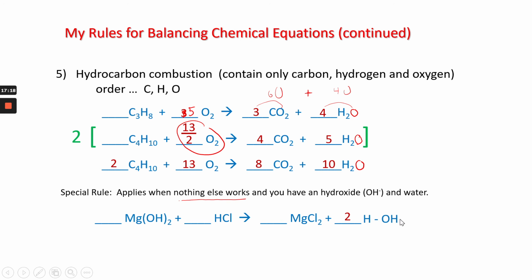But over here, I have 4 hydrogens, so that's a problem. Well, I also noticed that I have 2 Cls and 1 Cl, so I'm going to fix that by putting a coefficient 2 in front. That took care of my chlorines, and it also helped with the hydrogens. Now I have 2 hydrogens, plus 2 is 4, and I have 4 over here. So that one's balanced with the coefficients 1, 2, 1, 2.